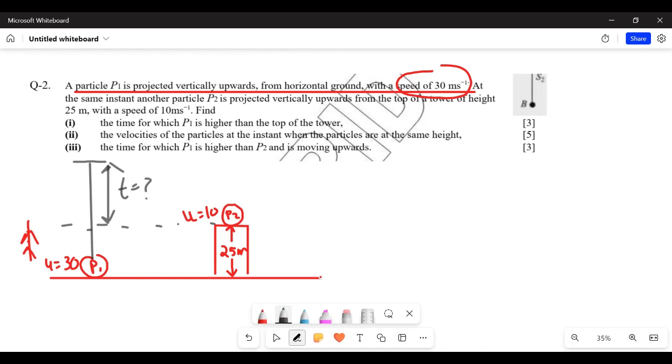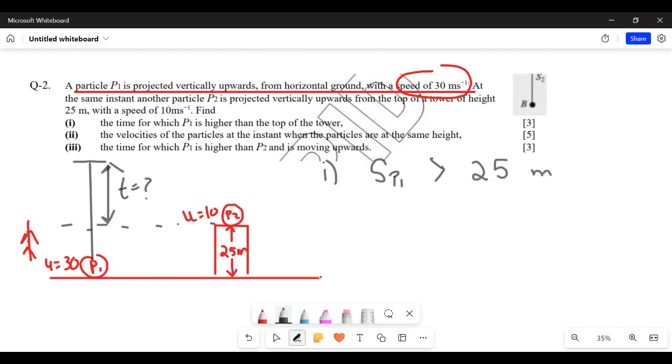So that means we have to find the time for which the distance is greater than 25. So we start part 1 like this. Distance traveled by P1 should be greater than 25 meters.